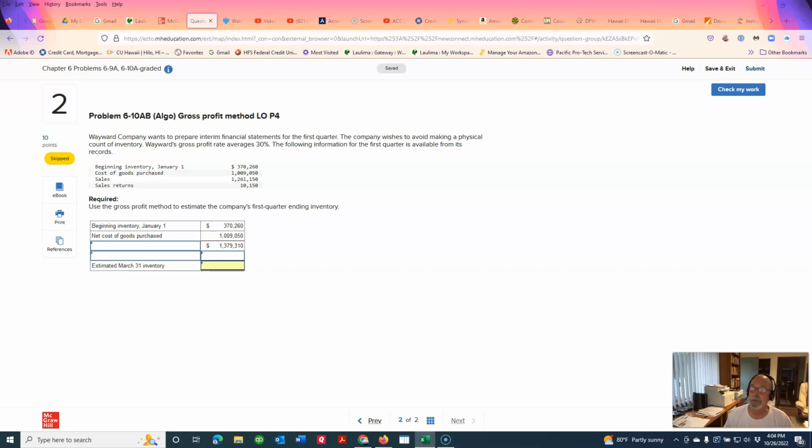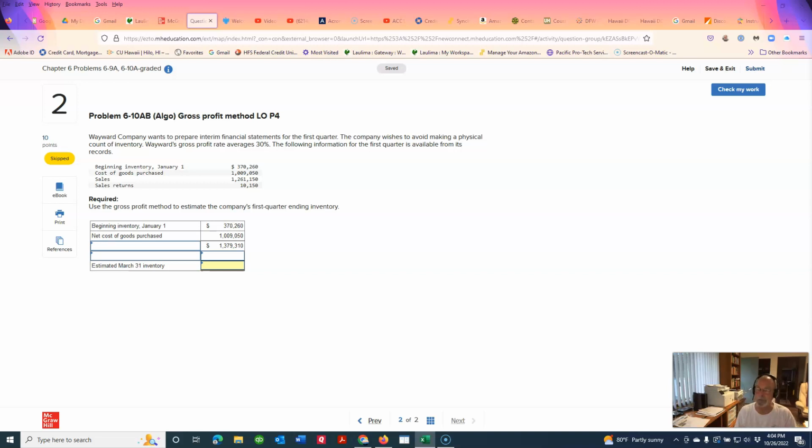I'm going to use the same Excel spreadsheet for this problem as I used for problem 6-9A.